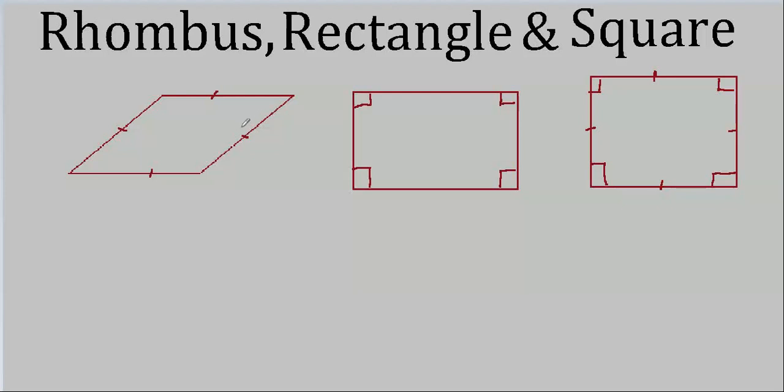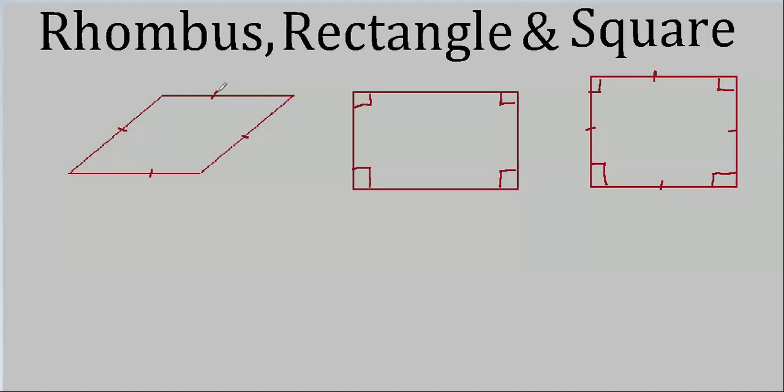Can we go the other way? If we have something with 4 congruent sides, is it necessarily a rhombus? And the answer is yes, it would be. Because the only other condition it has to fit to be a rhombus is parallelogram. A rhombus is a parallelogram with 4 equal sides, or 4 congruent sides. If we know we have 4 congruent sides, we immediately know that we have a parallelogram.